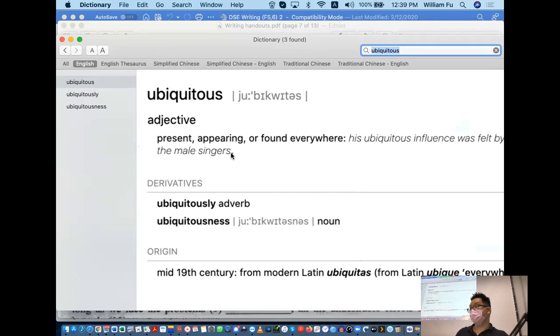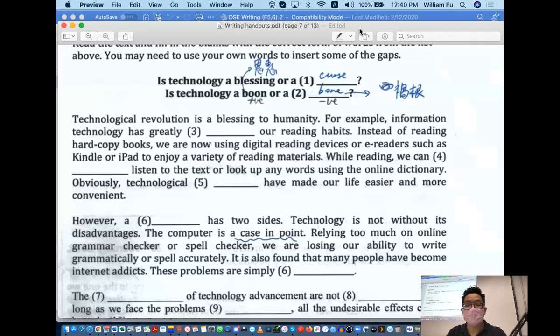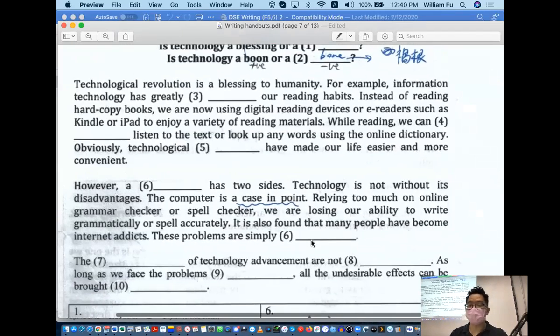Ubiquitous. Do you know this word? Okay, means everywhere. Now, are you studying economics now? Yes. Air is a free good. Do you know that? So that's why, because air is ubiquitous. Okay, understand? On earth.